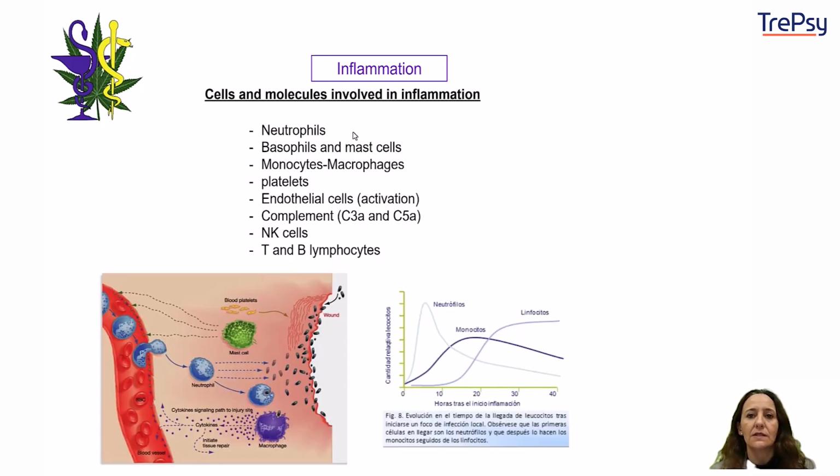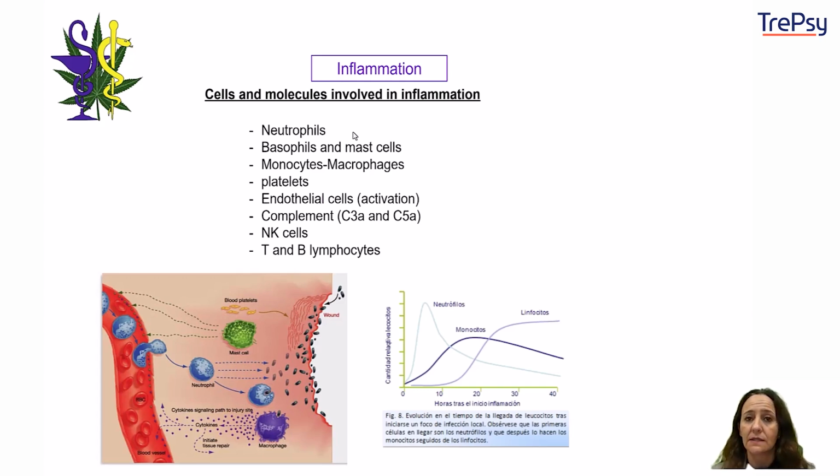So, which cells are in charge of doing this? Well, different cells of the immune system, of course. Chronically, they begin with neutrophils reaching the tissue, then monocytes, and finally lymphocytes. Among these cells, we can observe different events such as activation of mast cells and also basophils that can reach the tissue.